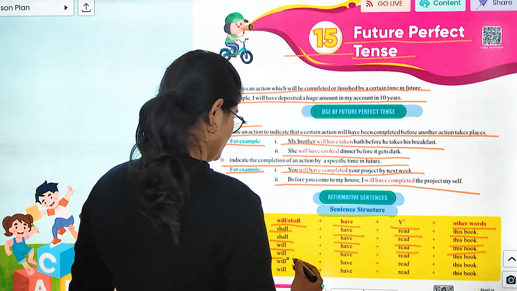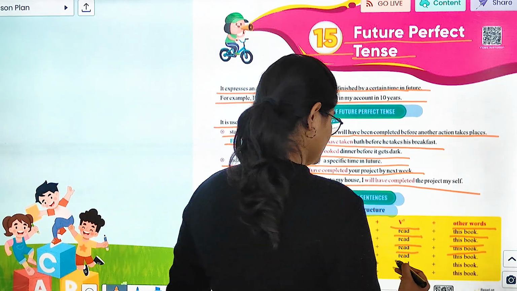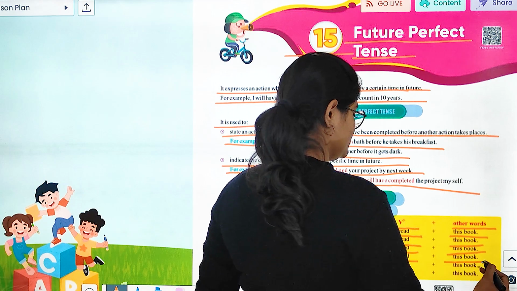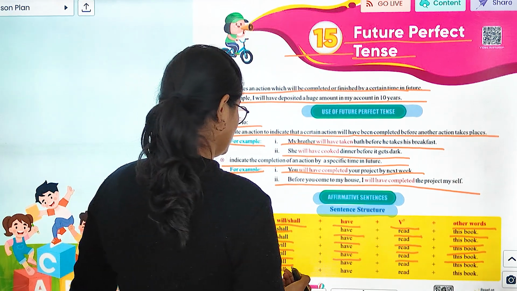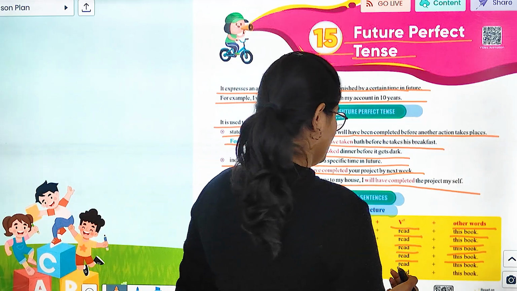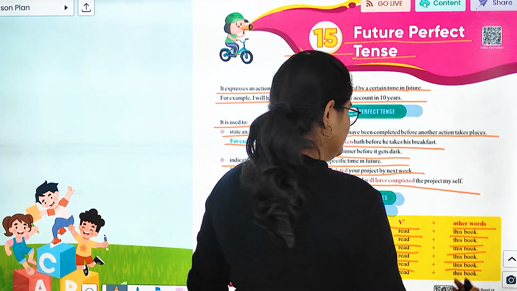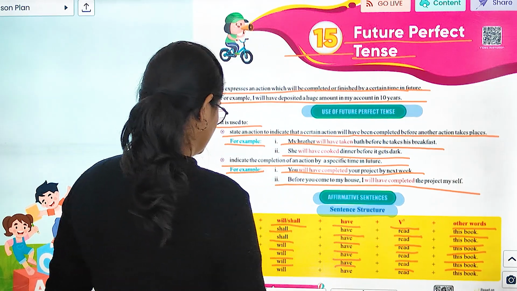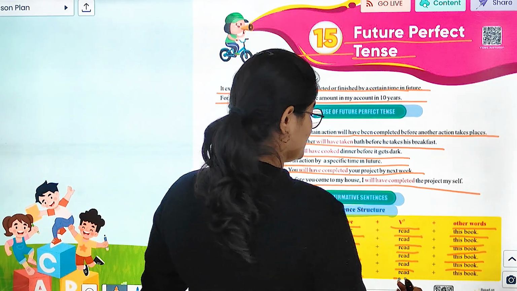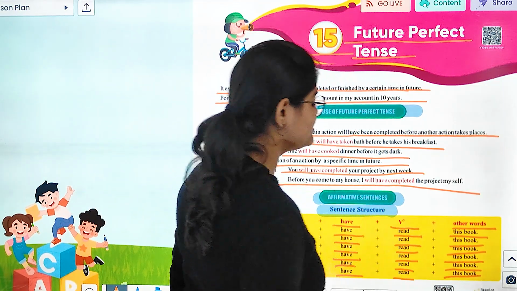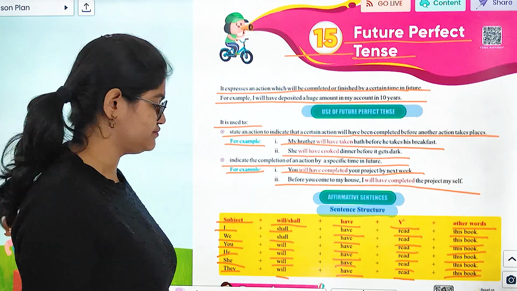He will have read this book. She will have read this book. They will have read this book, right?